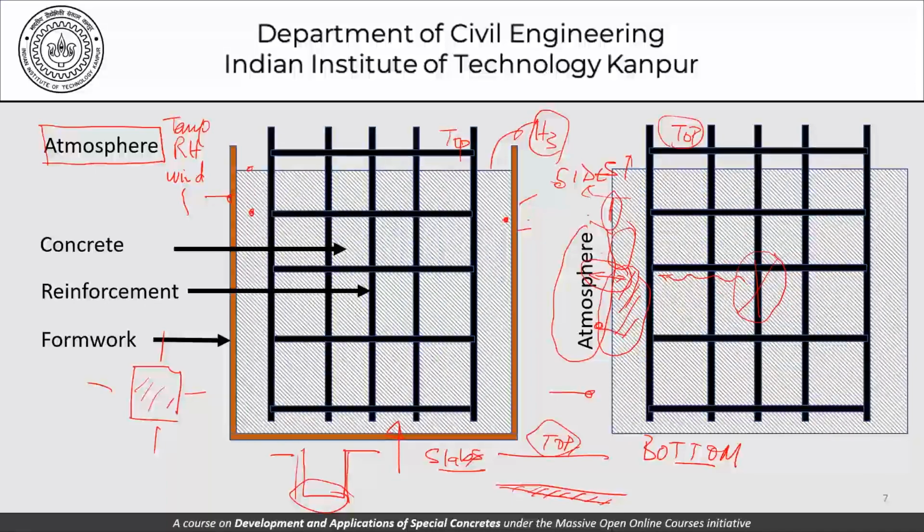So this idea that there is a surface of concrete which is closer to the atmosphere, or which comes in contact with the atmosphere at different points in time, maybe all the time, maybe after the formwork is removed, depends on the kind of structure that you're talking about. Keep that in mind.